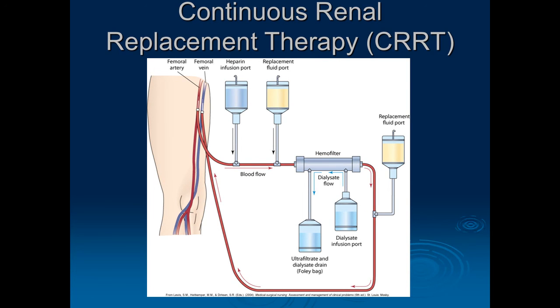The patient's blood flows through the tubing, and excess fluids, electrolytes, and waste are filtered into the collection device. The blood is then returned. This procedure does not require dialysate and has little effect on the cardiovascular stability and is continuous. It can be used alone or in combination with hemodialysis. So we see this used quite often in the critical care areas.